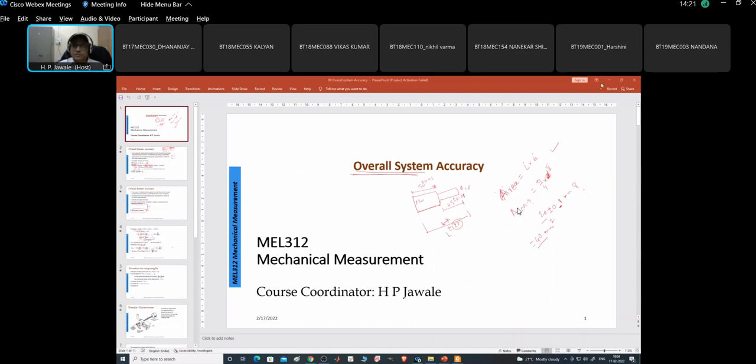We also discussed an example: area is nothing but length into width, or say pi by 4 d square, the area of a round bar. In this measurement, two different uncertainties are going to be added into the final accuracy of the measurement.